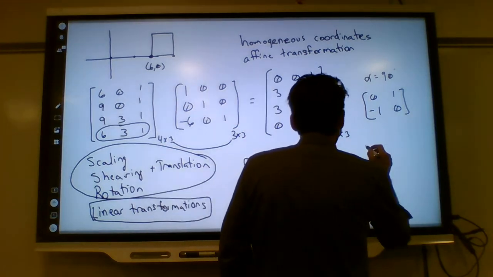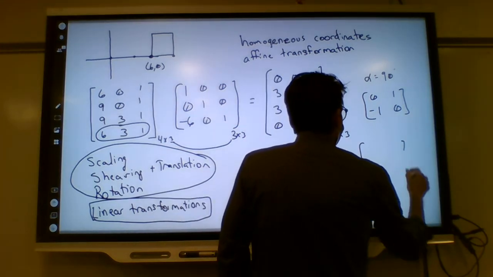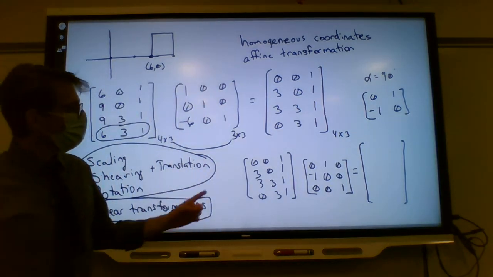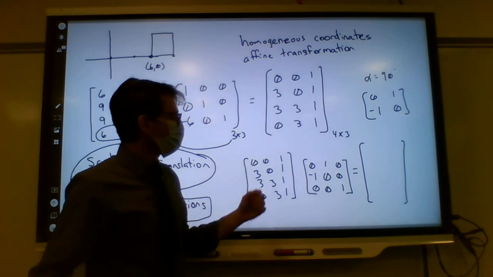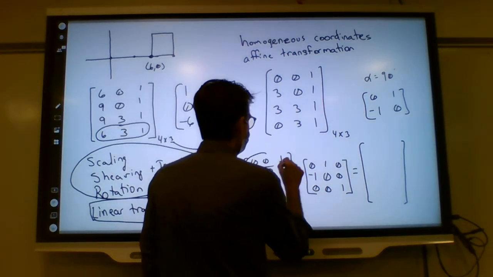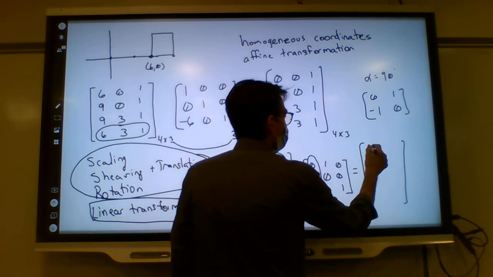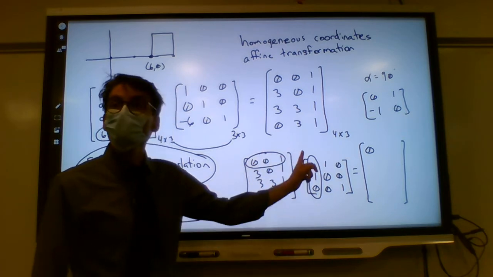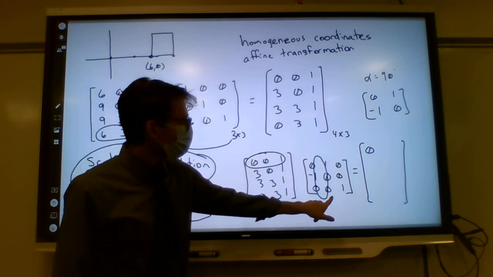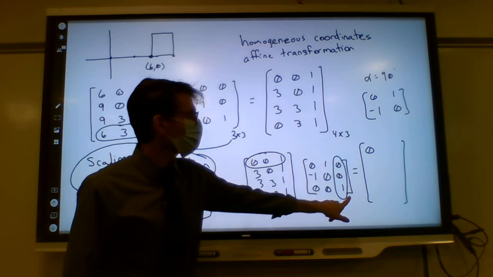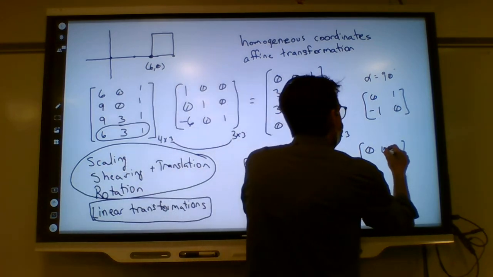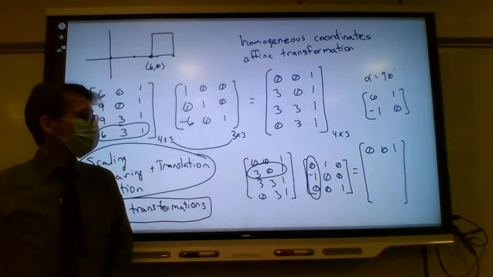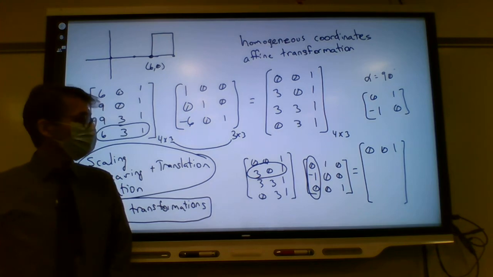All right, let's do this multiplication. Again, going to get a 4 by 3. So what do we get here? 0. Okay, when we look at that first row, first column, that 0 gives zeros here. Second column, 0. All right, let's go to the next entry. 0.